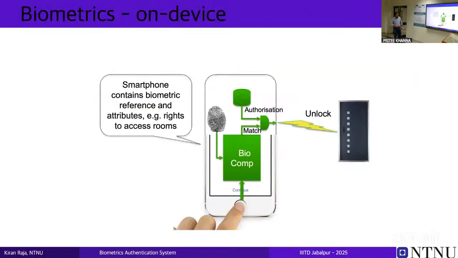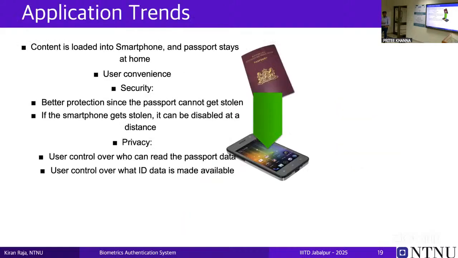I don't think I need to give a more detailed introduction, but I think you get the idea that the system has something that does the comparison. You can also look at the trends, which have been changing very extensively.